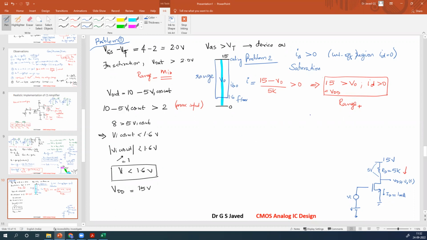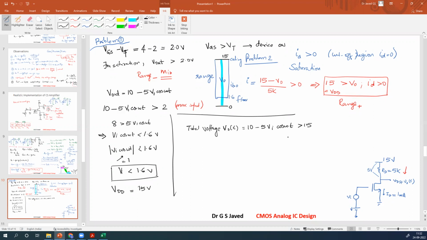Now, what is the total voltage? Let us bring back the total voltage equation here. Total voltage is given as V naught of t is 10 minus 5 Vi cos omega t. Now we realize that this value has to be less than 15.